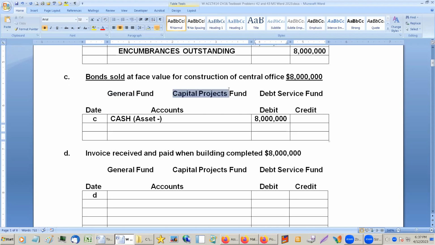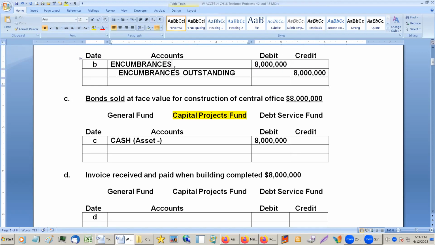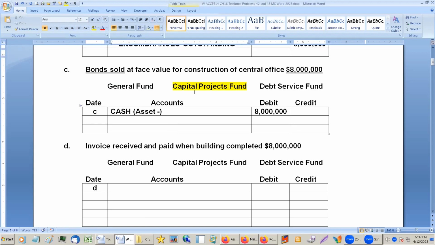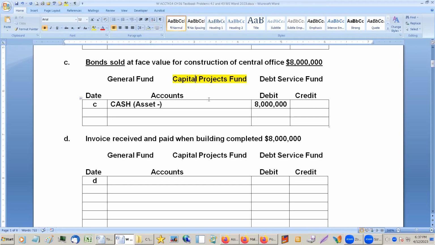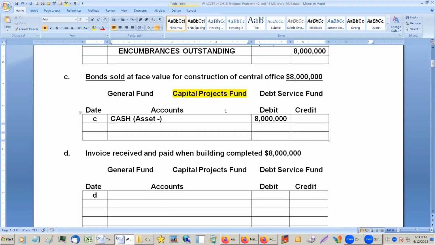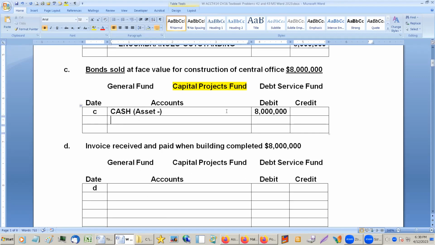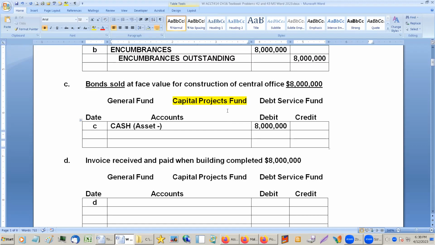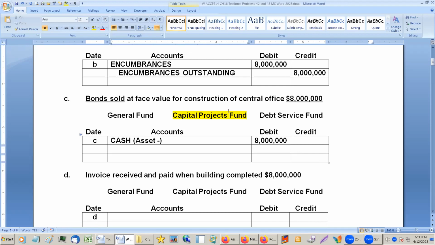Well, first of all, I should tell you what fund we're going to use. We're using a capital fund here because this is how they're going to get money. They have to pay for this building at some point. So this is what they're doing to get the money. They're sending out the bonds. Now, we don't have long-term bonds on our books for fund accounting. We use the other financing.